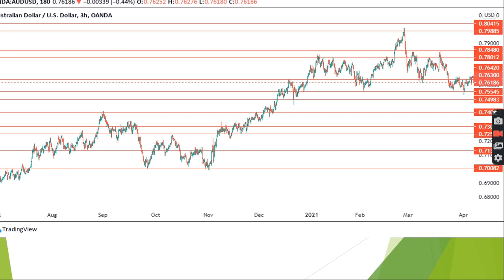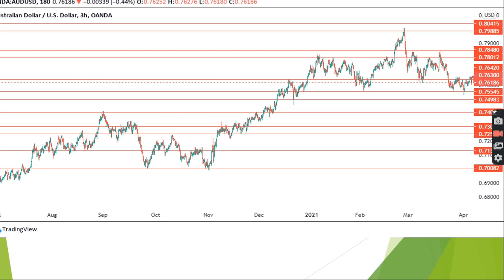You end up having analysis paralysis. If you look at this chart, it just looks like someone was drawing lines anyhow. It doesn't look pleasing. It's confusing. So you don't have to draw your support and resistance like this. It's the wrong way, and please don't do it like this.